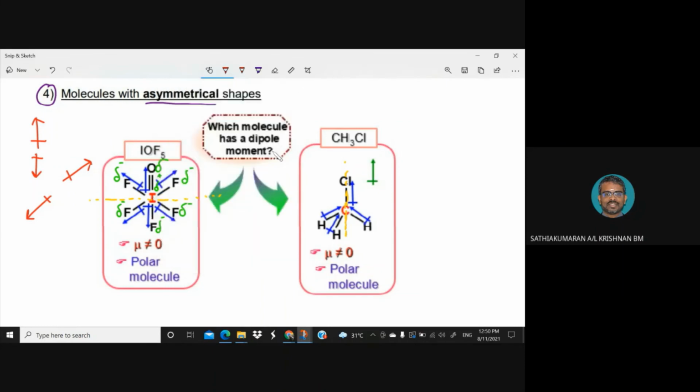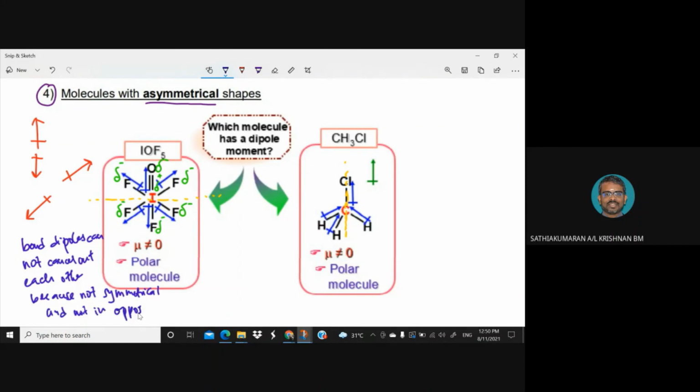So here, how to explain? Bond dipoles cannot cancel out each other because not symmetrical, and not in opposite direction.